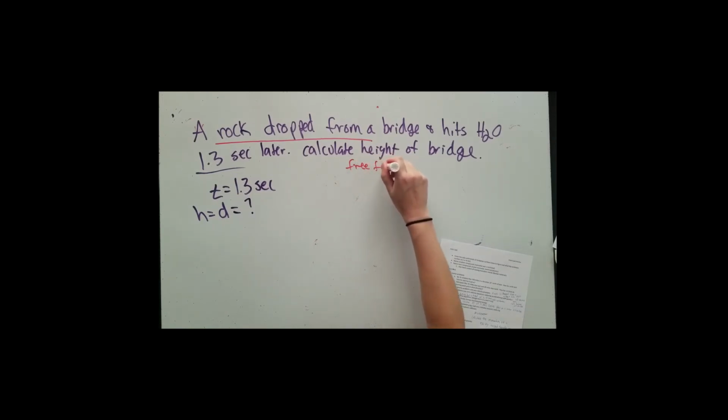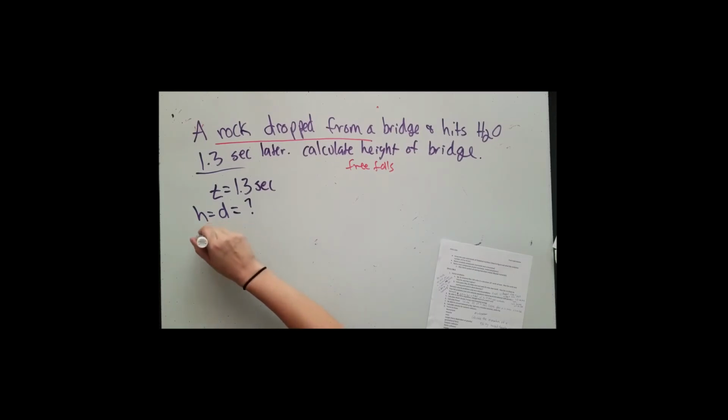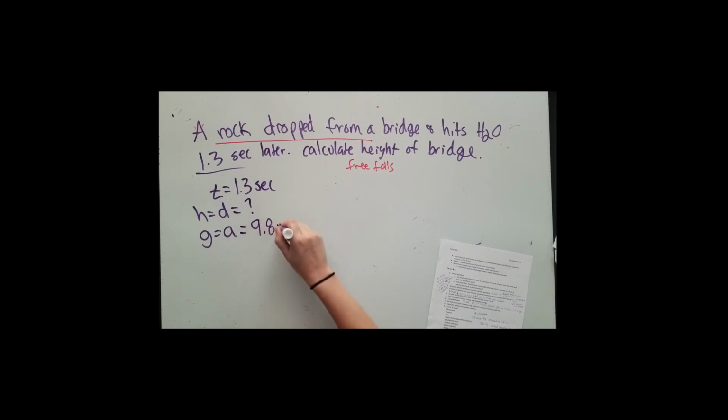Okay, so with free fall problems, we have another piece of information not explicitly given to us. And that piece of information is gravity. Because if something's falling, gravity is affecting it. And gravity is our A value in those equations. It's the acceleration, the rate of acceleration. And on Earth, that's going to be 9.8 meters per second squared.